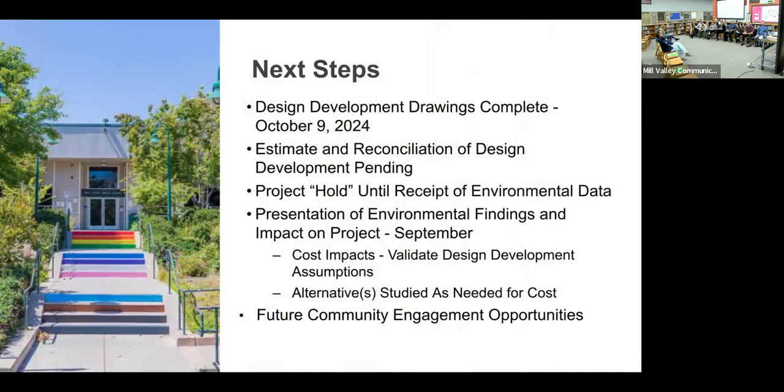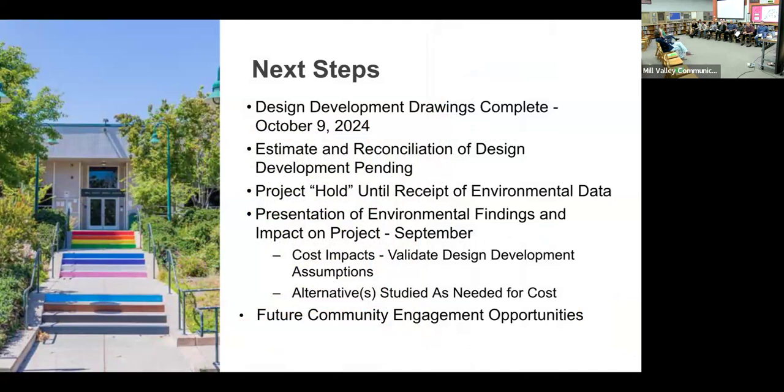So our team completed their design development drawings this week. What you saw earlier was schematic design. Our next level is design development. The estimate of a third-party estimator as well as the general contractor is happening now.